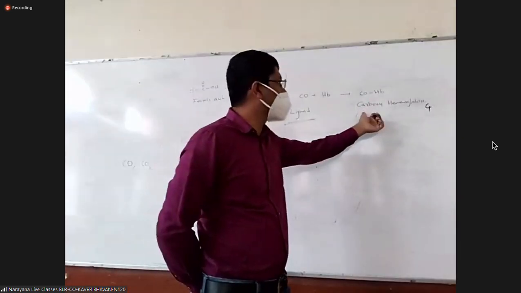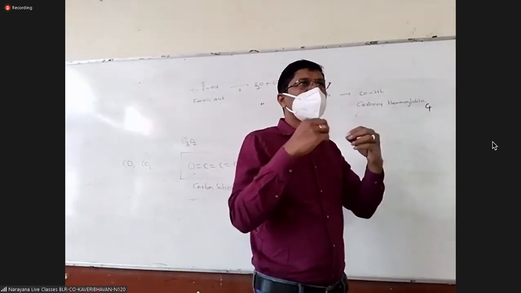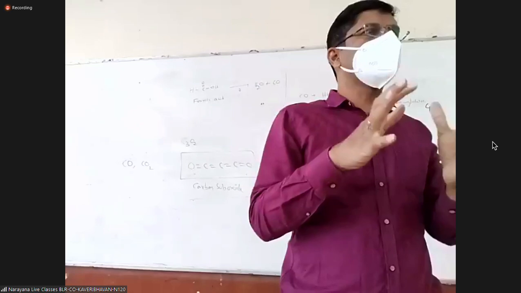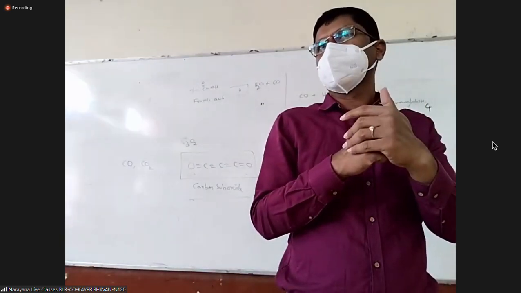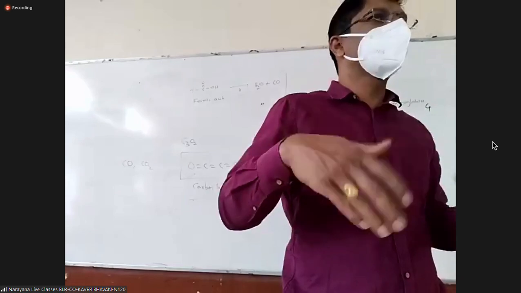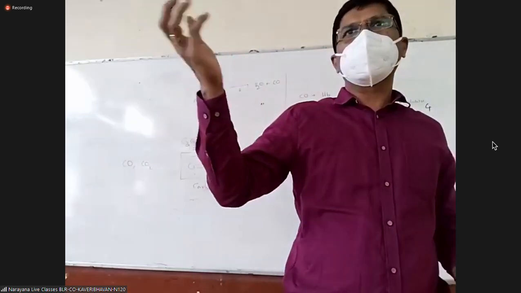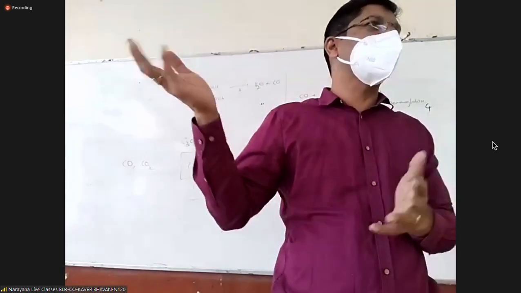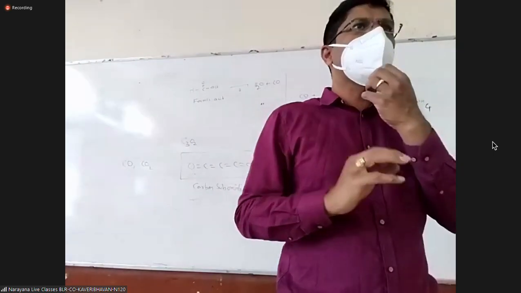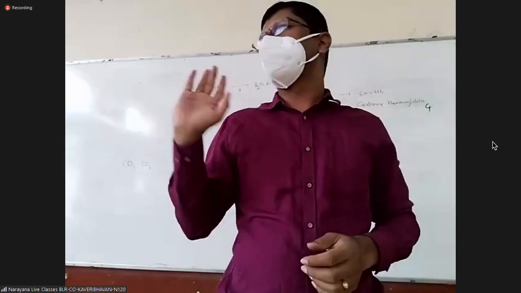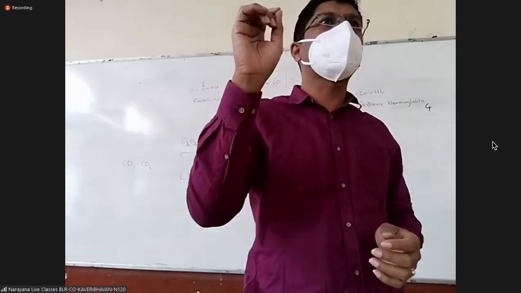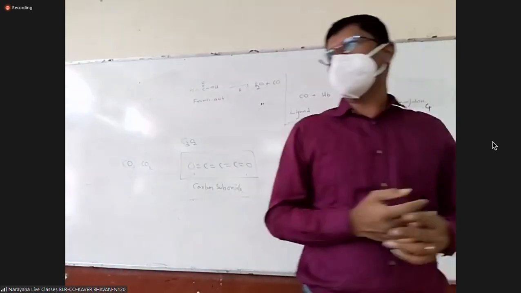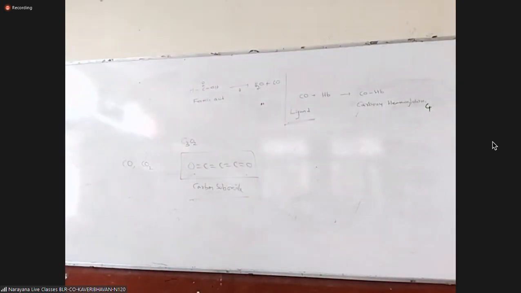What is that complex? Carboxyhemoglobin. Because of that complex formation, the body's oxygen supply will stop, and when the oxygen supply stops, the cells will die. That is why if you are exposed to a polluted area, you will feel headache and drowsiness. With more excess concentration, there is coma. Continuous exposure to carbon monoxide is harmful because of the dative bond, which stops the supply of oxygen to the body. That complex is important.